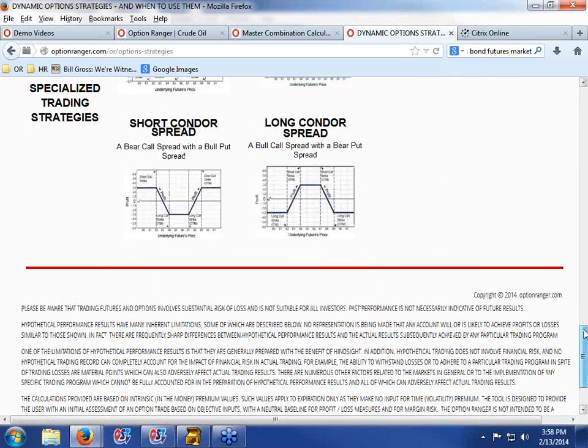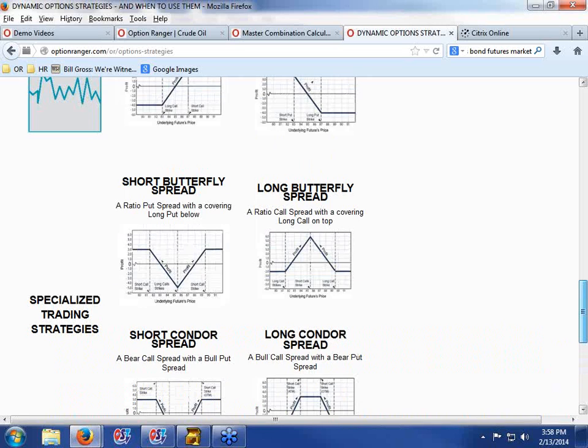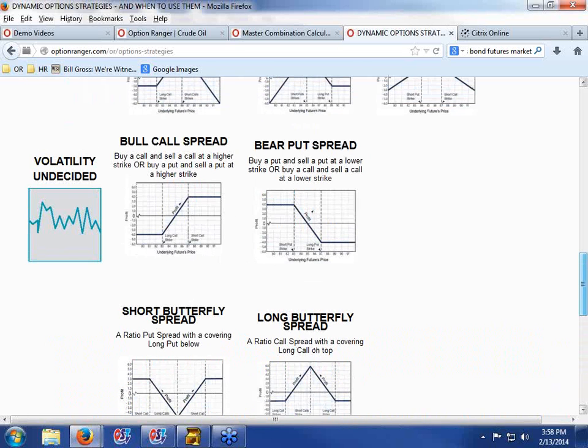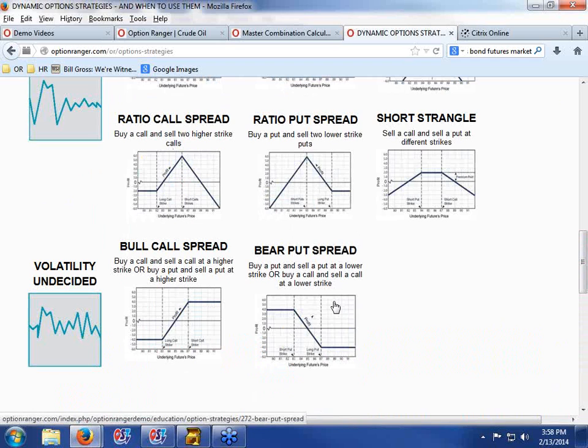If you want to do one particular leg on a trade, you can look at, for instance, a bear put spread, which consists of collecting more premium than you spend, a bull put spread and a bear call spread.